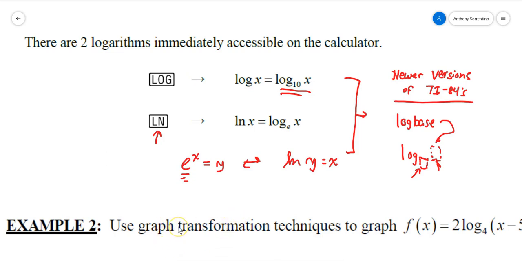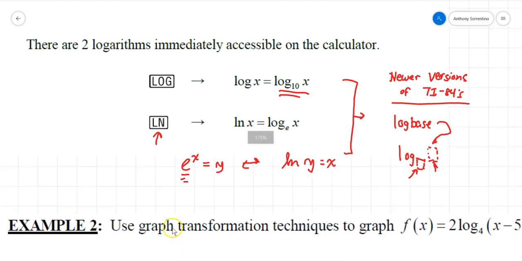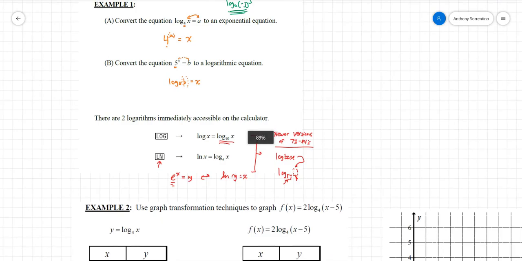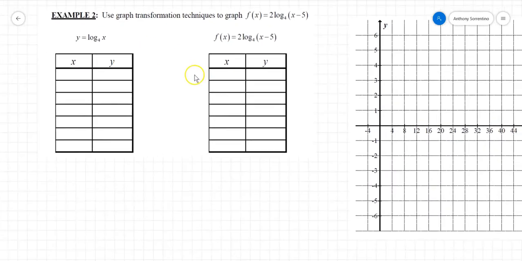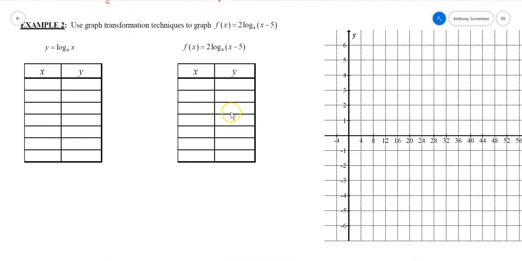For example 2, you're asked to graph a logarithmic function. In this case, let me zoom out a little bit here. The log base 4 of x, and use that to draw a graph of this function, which obviously, if log base 4 of x is the main function, this would be a transformation of that function.